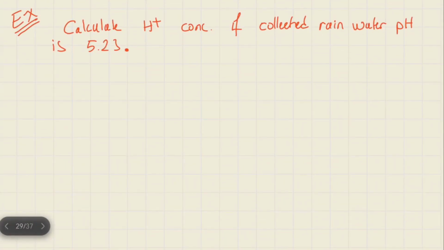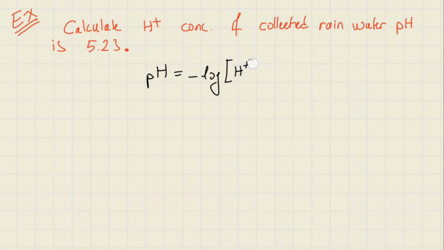And we can make an example. Calculate hydrogen plus concentration if collected rainwater pH is 5.23. So as I mentioned, pH is minus log hydrogen plus concentration, and this is equal to 5.23.